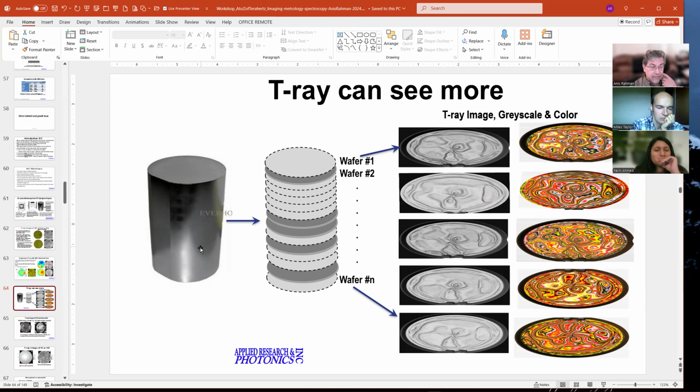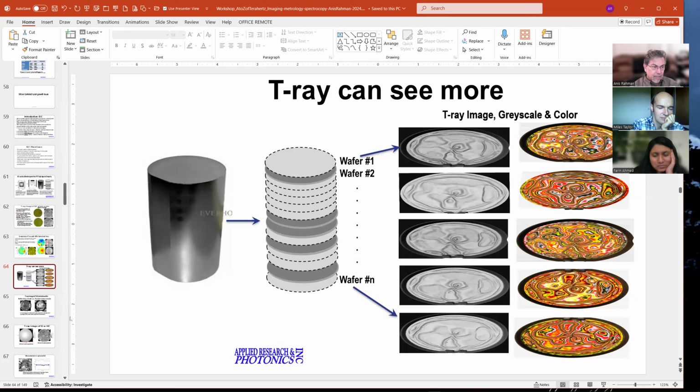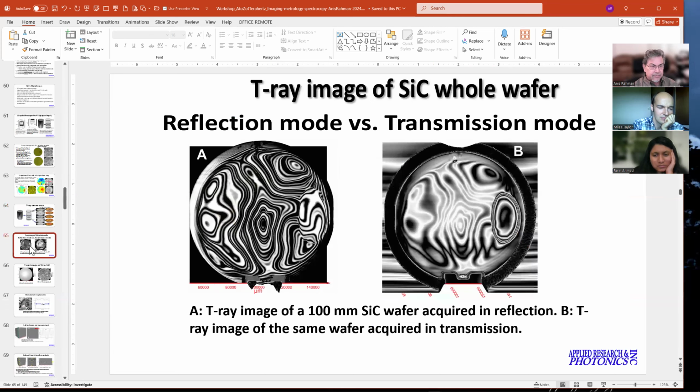So if it is in the ingot itself, then what can we do to fix the process so that this is not there? Because this kind of imperfection is not surface roughness, therefore it is a material issue. Therefore they must fix it. And another thing is that this instrument can also do the imaging both in reflection and in transmission.